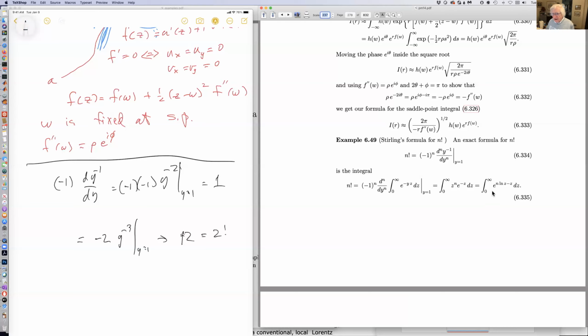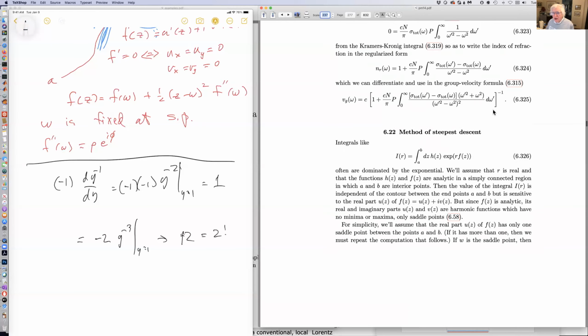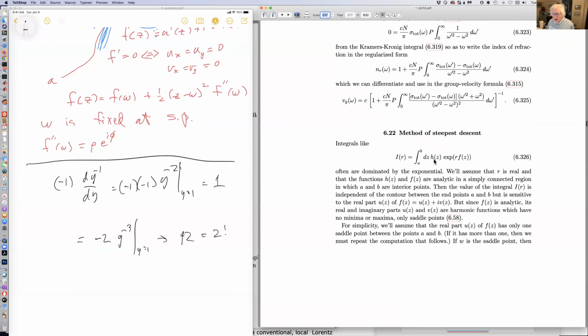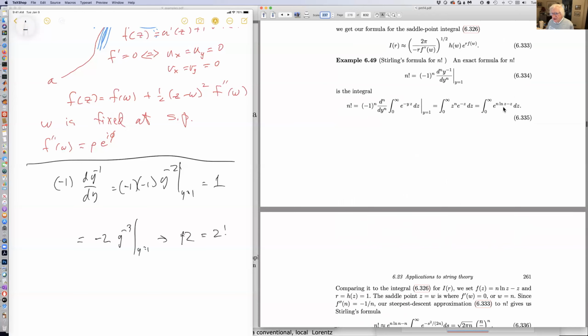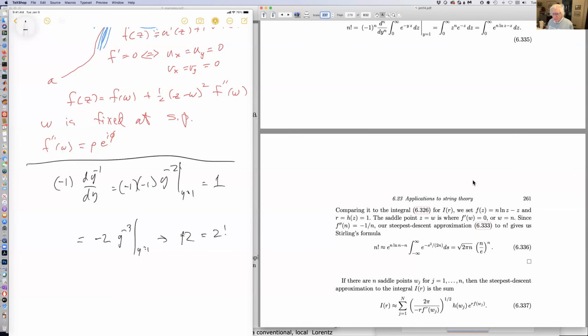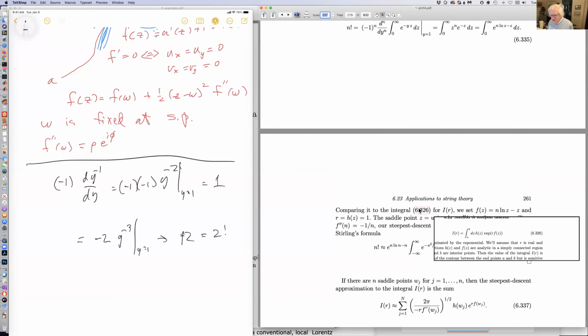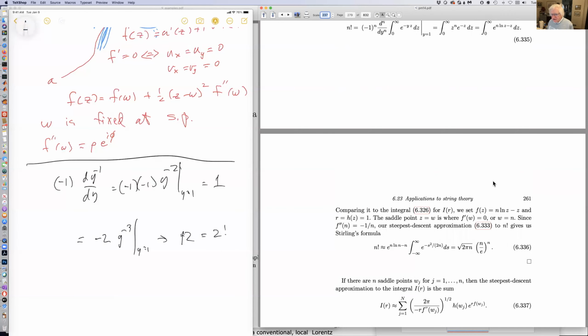Now we rewrite that in this form, and h we can let equal to 1. z to the n is e to the n log z, and then we have the minus z. Comparing it to this integral, we see that f of z is n log z minus z, and we set r equal to h equal to 1.